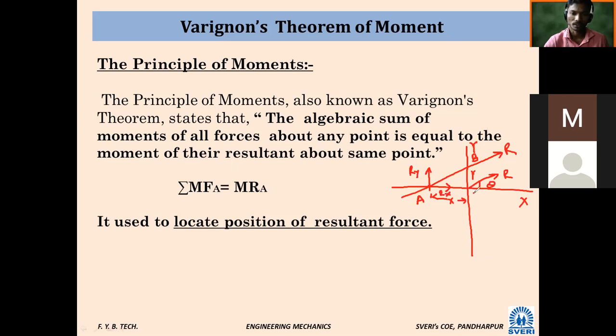Now with respect to point O, if I take moment due to force Ry, how will it be? Moment at point O due to resultant R, what will it be?